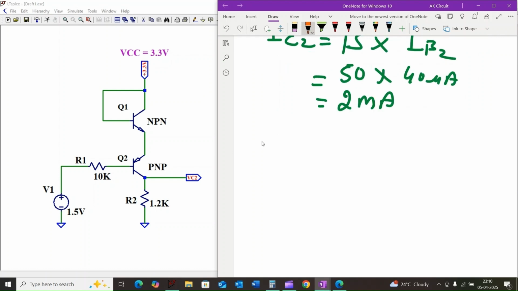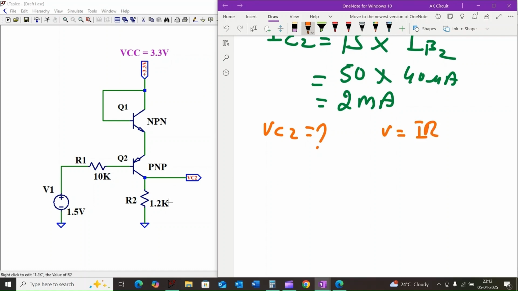Finally, we can find the collector voltage VC2. VC2 is the voltage at the collector terminal of the transistor Q2. Since the collector is connected to the 1.2 kilo ohm resistor and then the voltage source, the voltage drop across the resistor is given by Ohm's law, V is equal to IR.